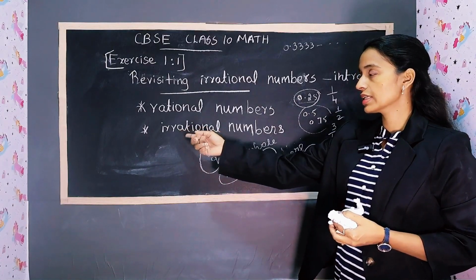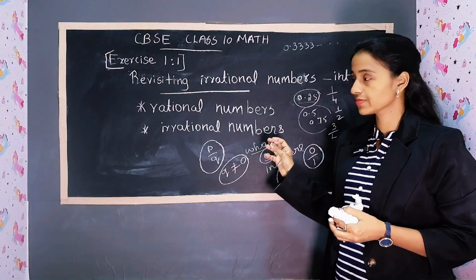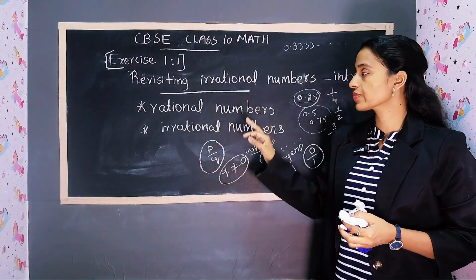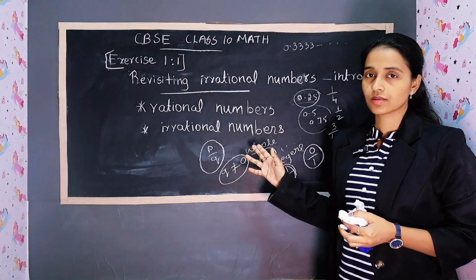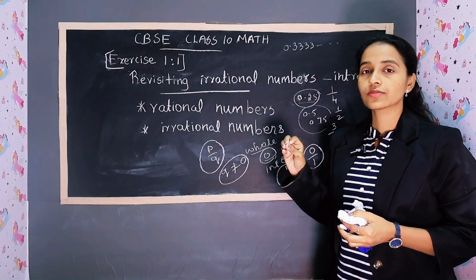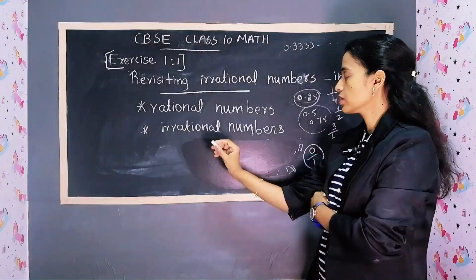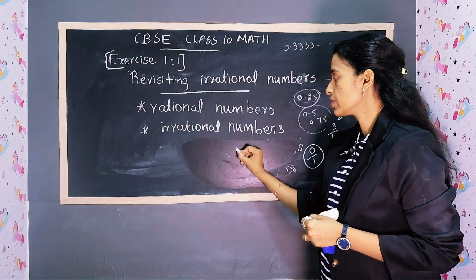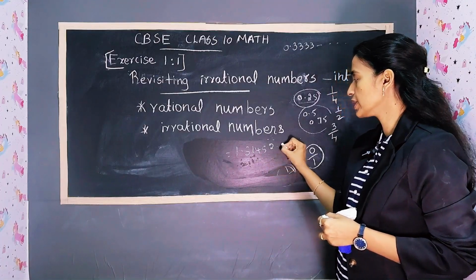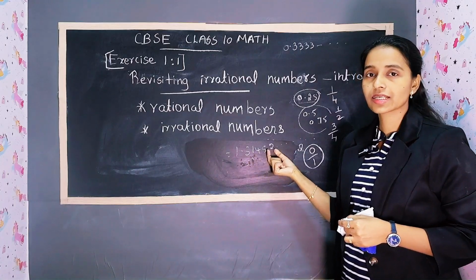Next, irrational numbers: we cannot write irrational numbers in the form of a fraction. For example, decimal numbers with non-repeating patterns. If some number is 1.3, 1, 4, 5, 2, 3, and it keeps going, but no pattern is getting repeated.